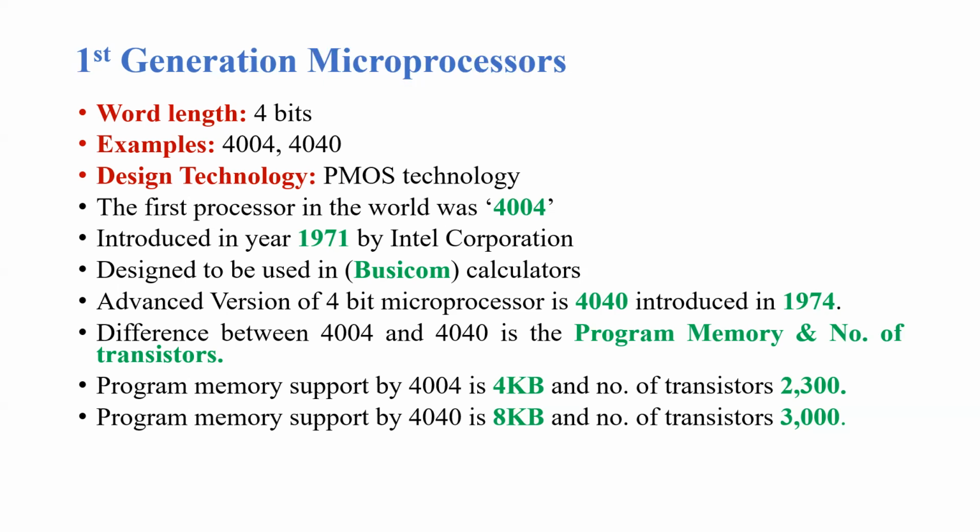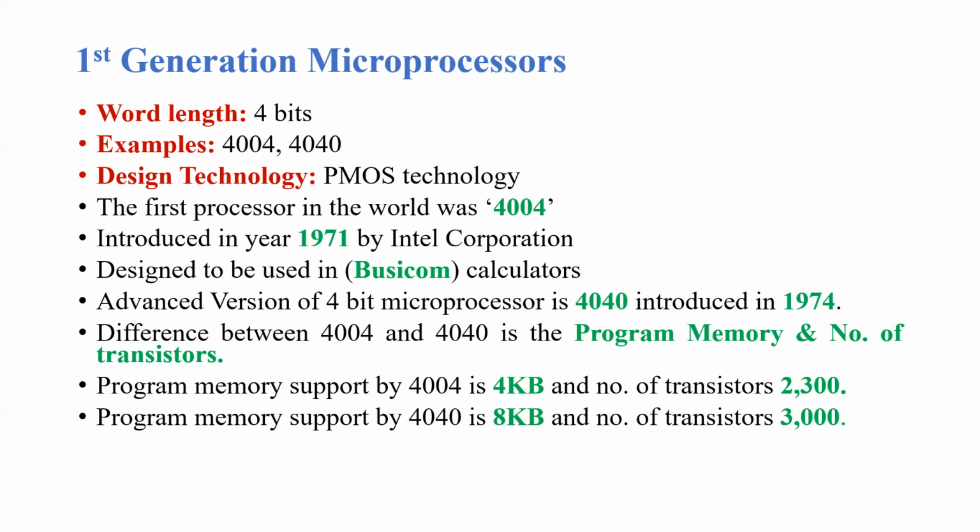The basic differences between 4004 and 4040 are, number one, how much program memory it can support, and the number of transistors it has. The program memory supported by 4004 is 4 kilobytes and it contains 2300 transistors.